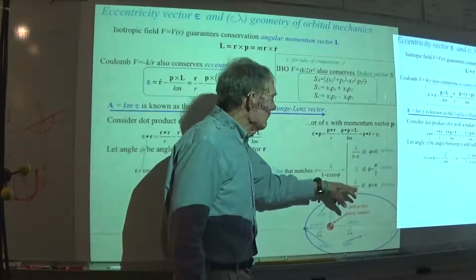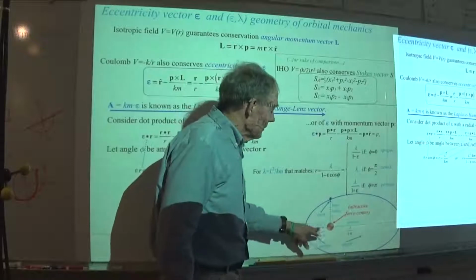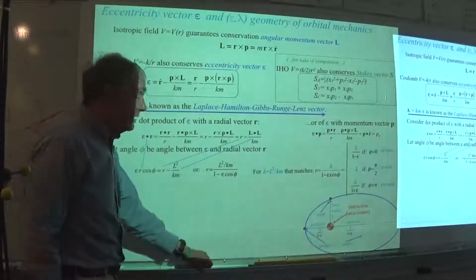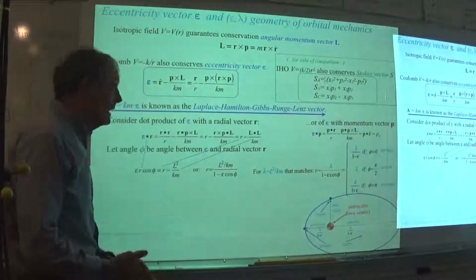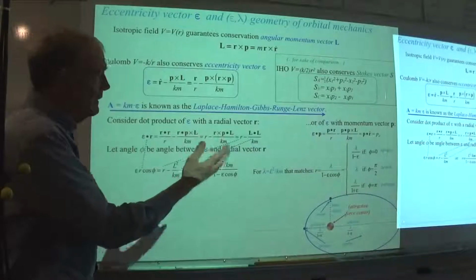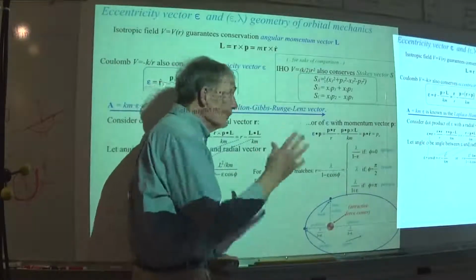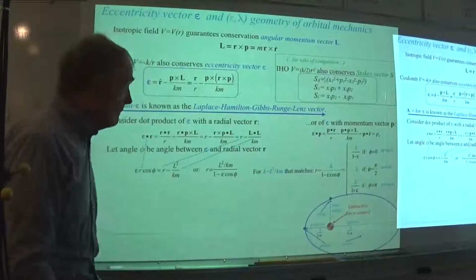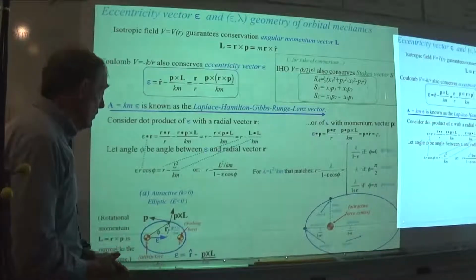And then with a larger number, 1 plus epsilon, you get a smaller number, that's the perihelion distance there, and perigee being the low point in the orbit, if it's an elliptical orbit. But the thing is that this is going to apply to all of the conic orbits, attractive or repulsive, all of them. It's taking care of the whole schmeal. And that's what's so really powerful about it as far as classical geometry goes.